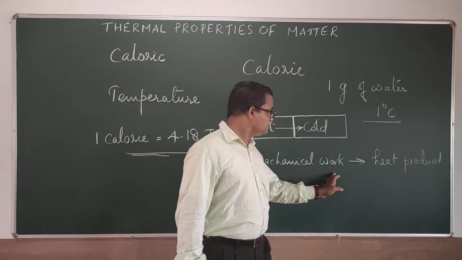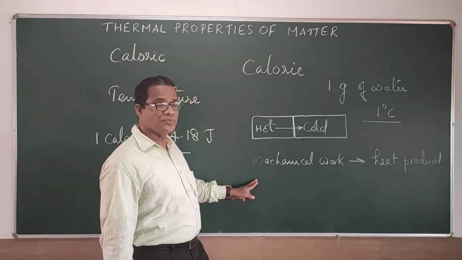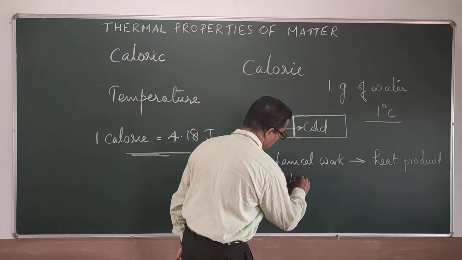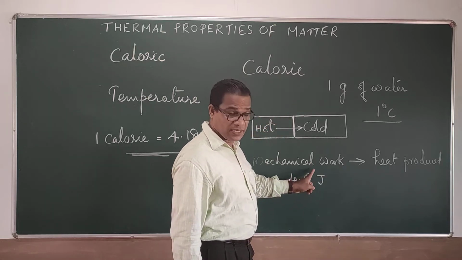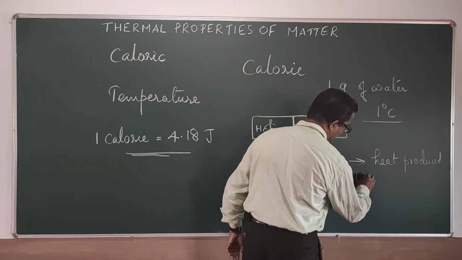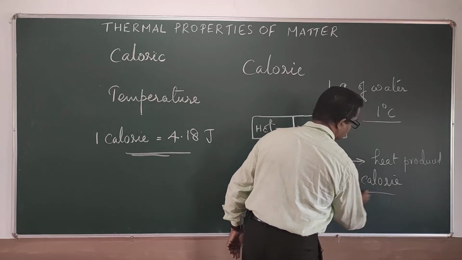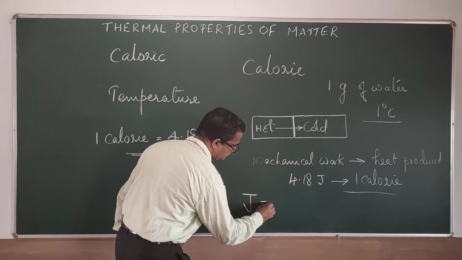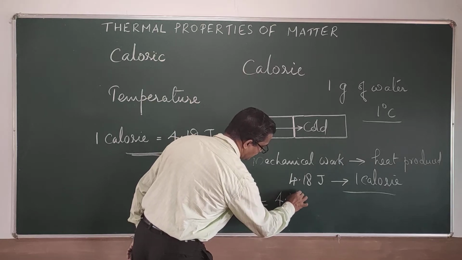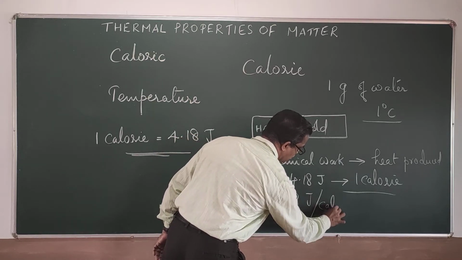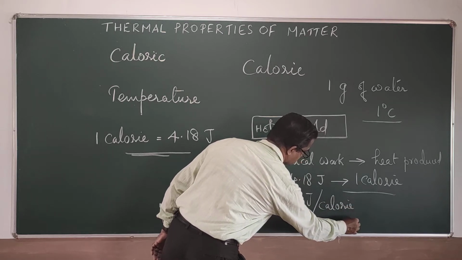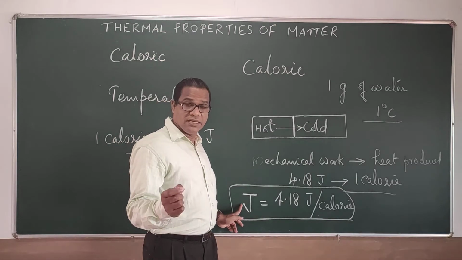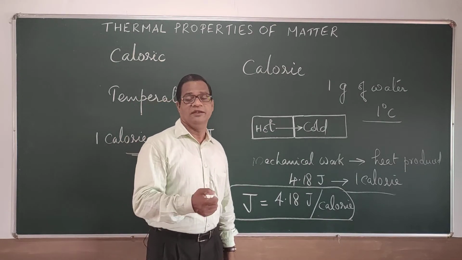So, relating these two, we can say 4.18 joules of mechanical work can produce 1 calorie of heat. That particular quantity is represented by J, which is equal to 4.18 joules per calorie. So this quantity is called mechanical equivalent of heat.